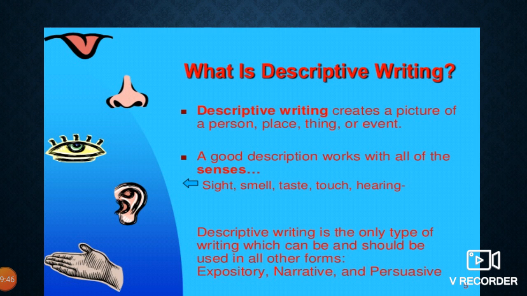Descriptive writing is the only type of writing which can be and should be used in all other forms: expository, narrative, and persuasive. Those three are the different parts of that essay.